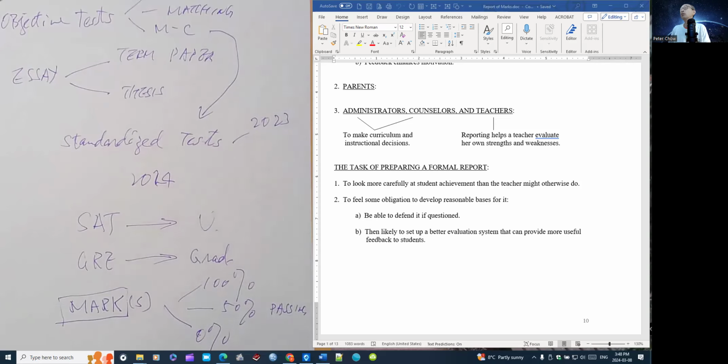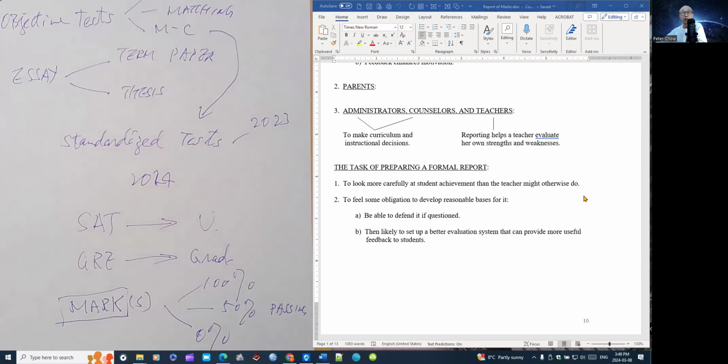So she will wish to be able to defend the marking if questioned. Then she will likely set up a better evaluation system, one that can provide more useful feedback to students.